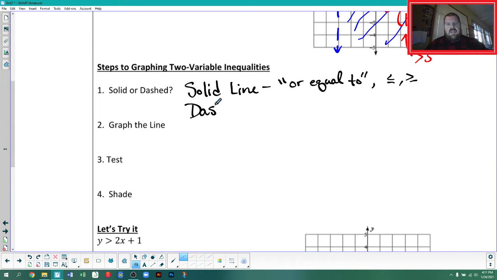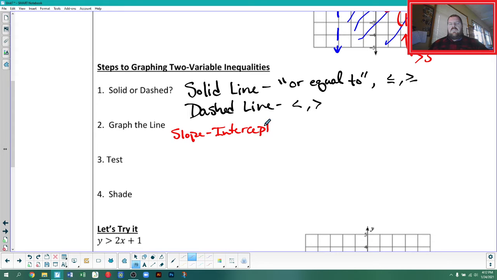Then we'll have a dashed line otherwise, just in the less than or greater than. Then we'll graph the line, mainly hoping for slope-intercept form. Maybe you have standard form, maybe you have to do it that way. No matter what, that's what we're looking for.